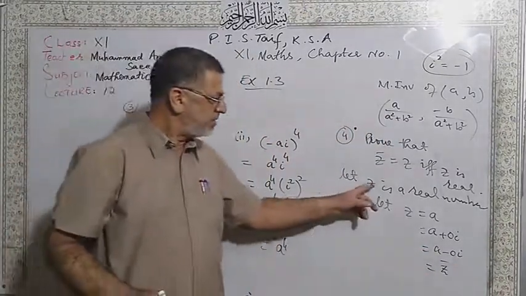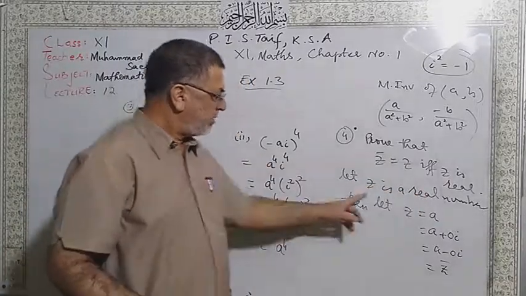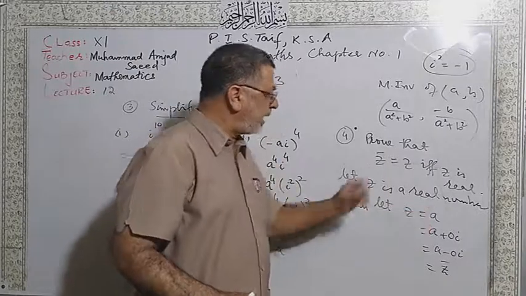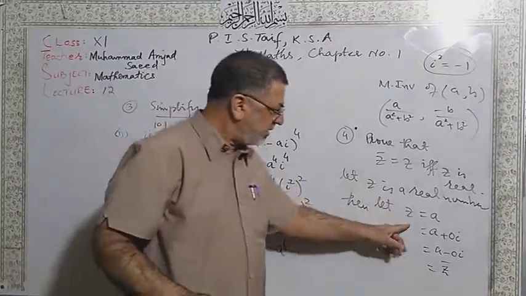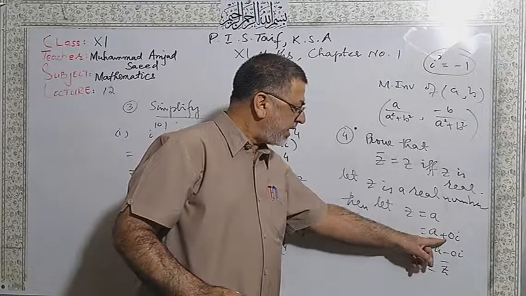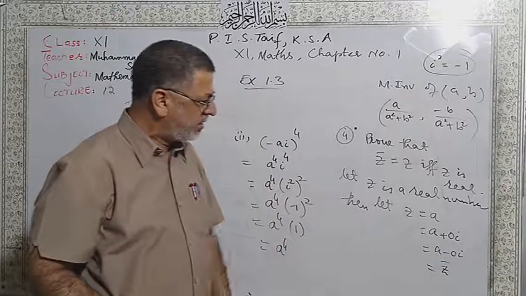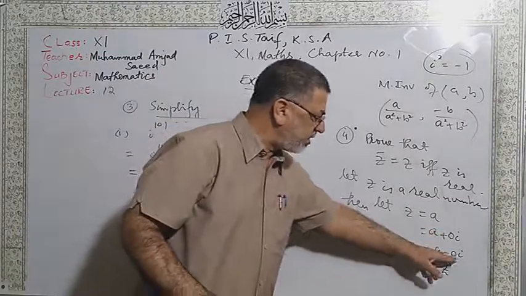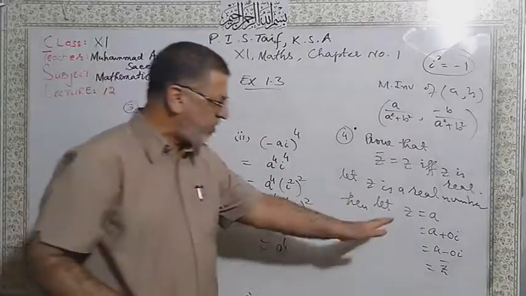So here, let z be a real number, then let z be equal to a because it is a real number. Then a can be written in terms of a complex number as a plus 0 iota, but a plus 0 iota can be shifted to a minus 0 iota because plus 0 or minus 0 makes no difference.